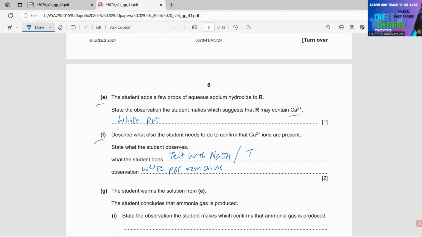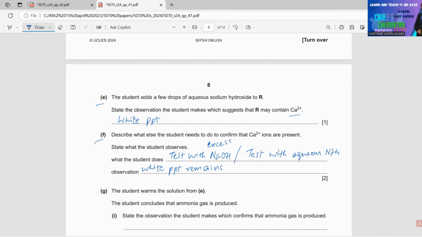Now, if you want to write with ammonia, test with aqueous ammonia. Here you have test with the excess NaOH, not only NaOH, because they have already mentioned the test with NaOH.